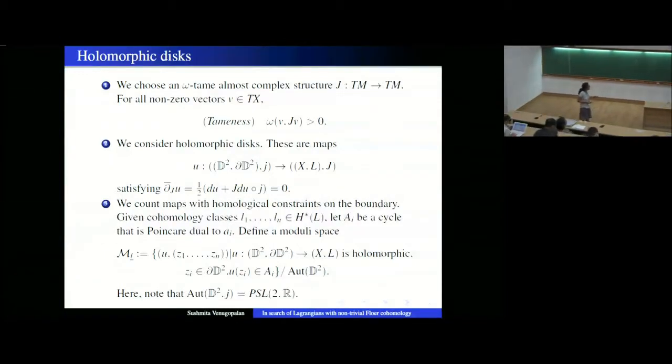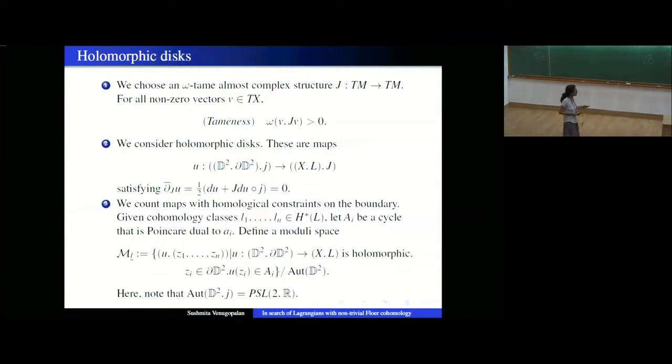And I consider holomorphic disks. So these are maps from a disk. View a disk as the unit disk of the complex plane, so it has a complex structure on it. And you consider maps to X such that the boundary maps to the Lagrangian submanifold, and it is holomorphic with respect to J.